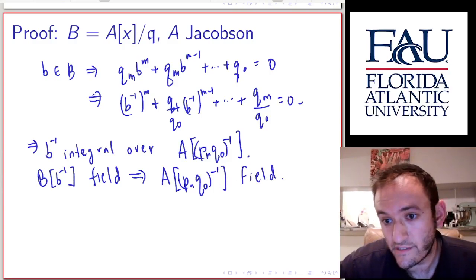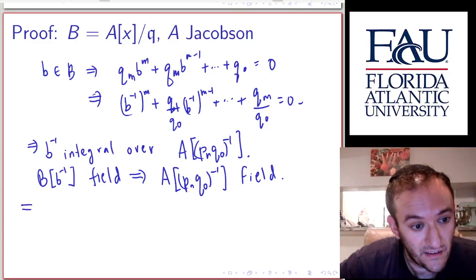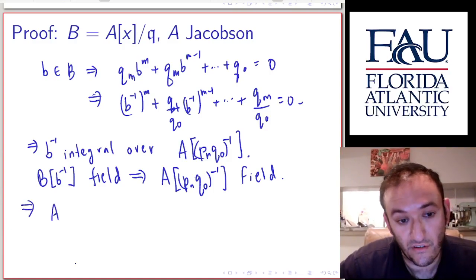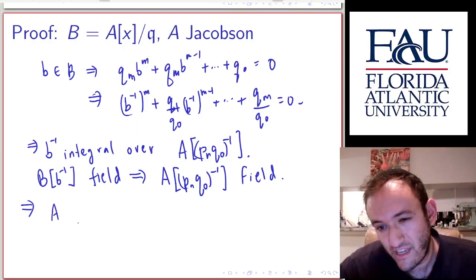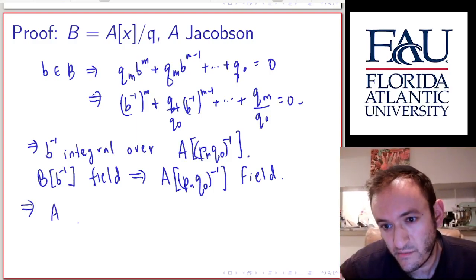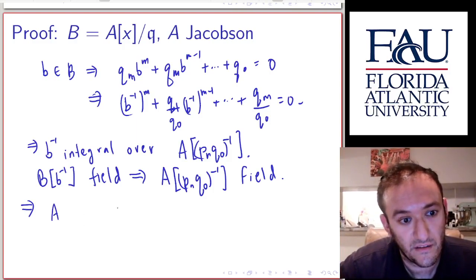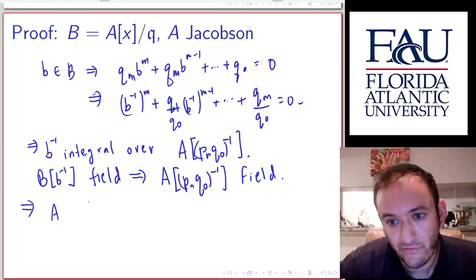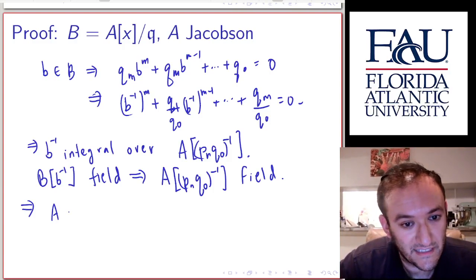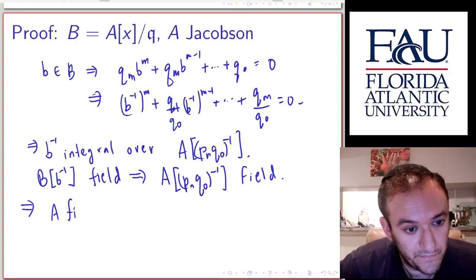But we know that A is a Jacobson ring, so if you adjoin the inverse of some element and get a field, then that means that the original, taking the prime ideal that you're quotienting by to be the zero ideal, which we should have. So that gives us that A itself is a field.